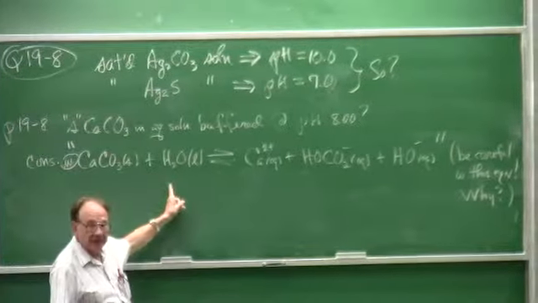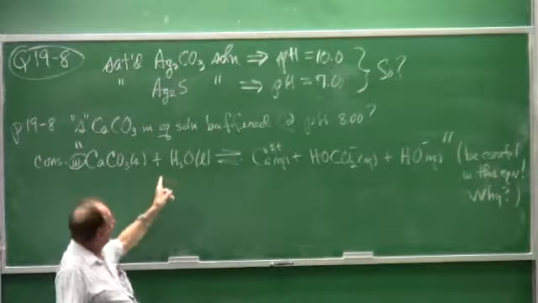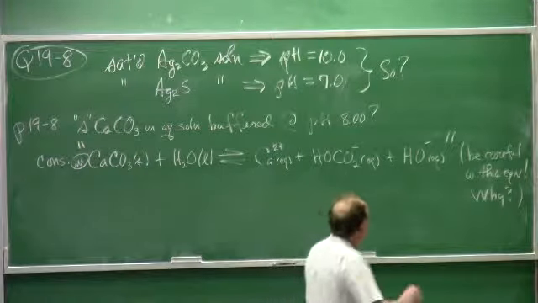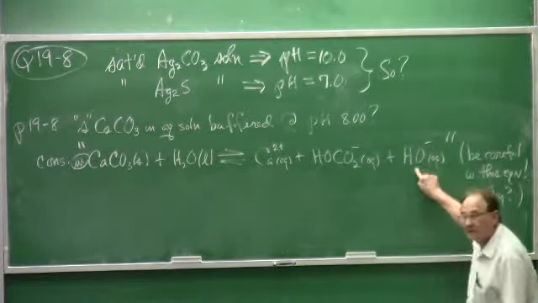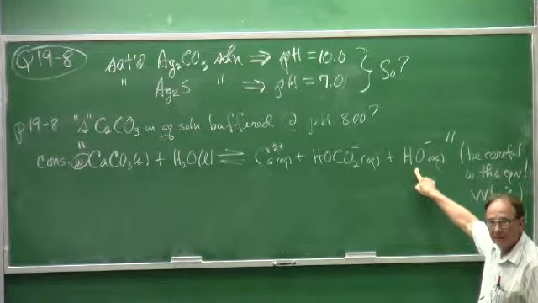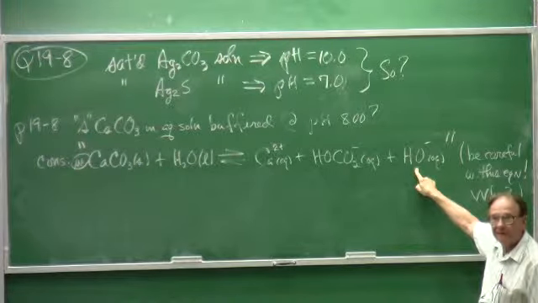Can I use this equilibrium reaction to get at the solubility of calcium carbonate if I know the concentration of this stuff? The answer is you betcha. Let's see why.